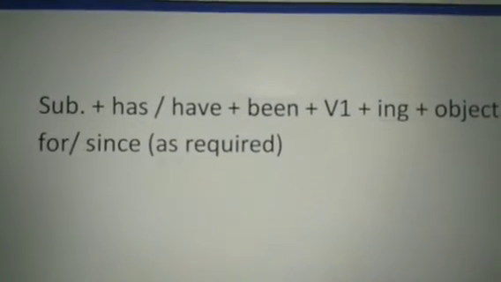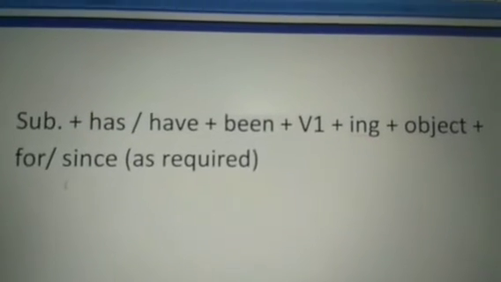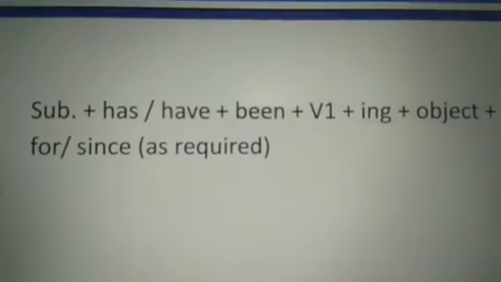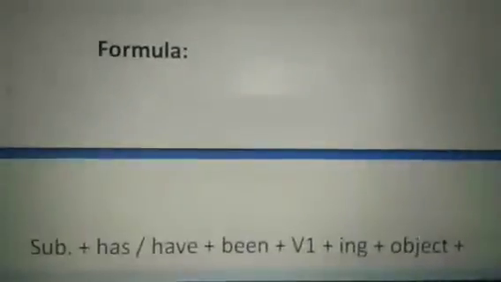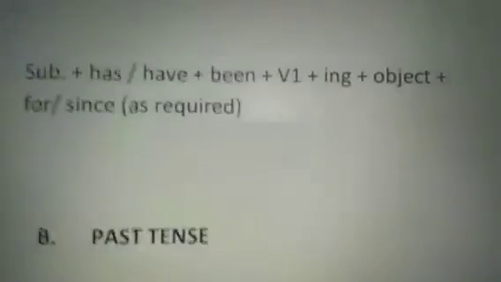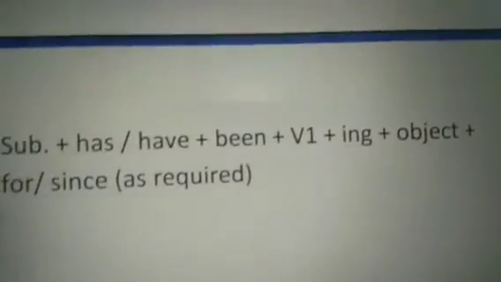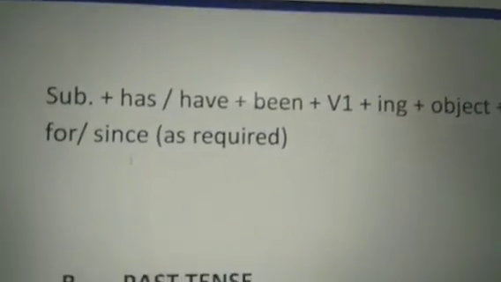Now I'd like to analyze for or since as well, because these two prepositions are very important when it comes to dealing with present perfect continuous tense, past perfect continuous tense, and future perfect continuous tense. As far as for is concerned, for is used for a period of time and since is used for a point of time.